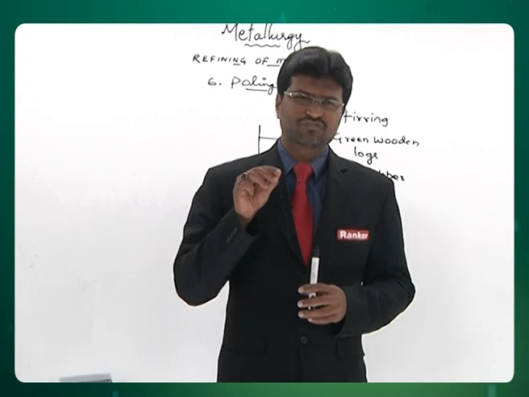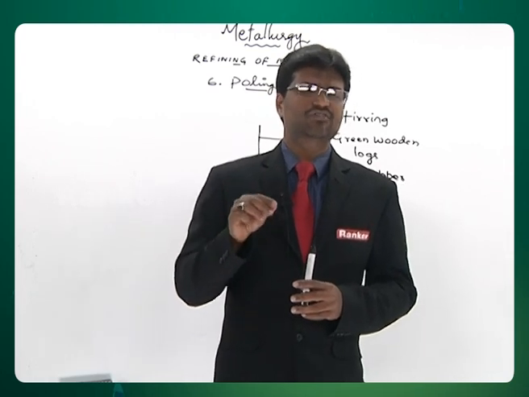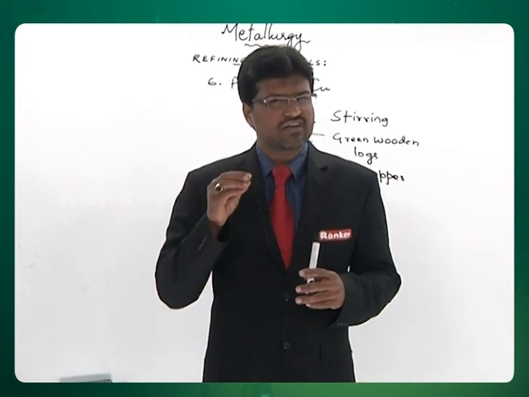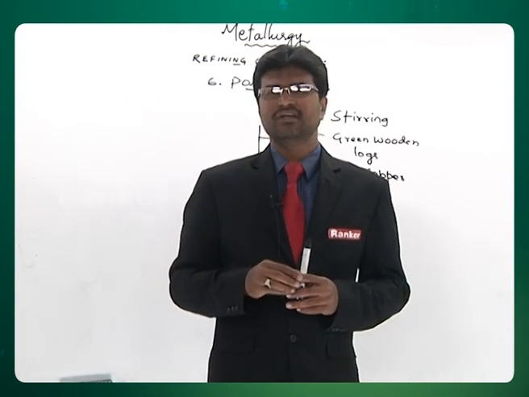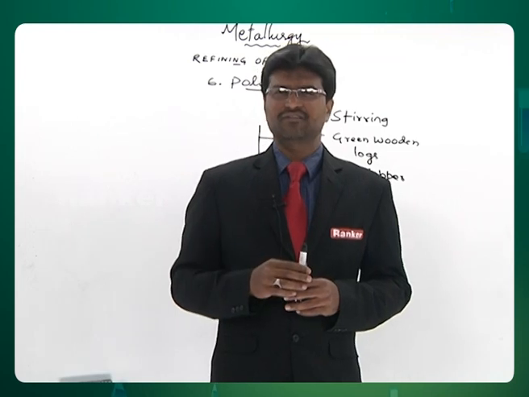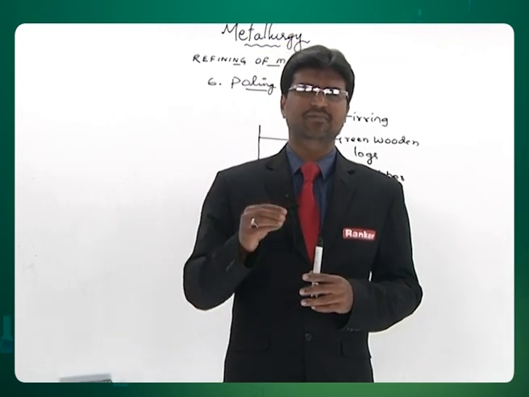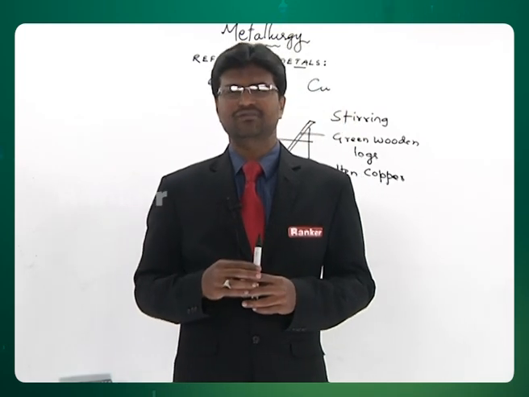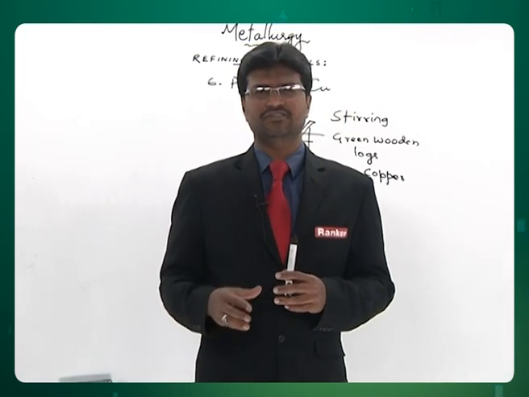We have discussed zone refining, and we said that zone refining is done for those substances which are required at high purity, ultra purity, and in zone refining we use a circular heater, and the metal rod is purified by moving the circular heater from one end to the other end several times.